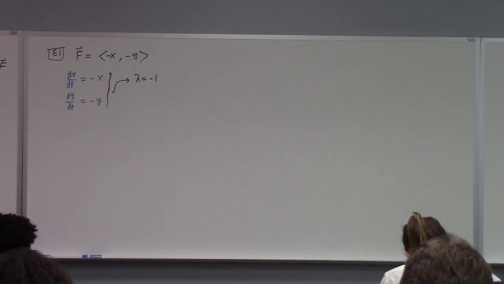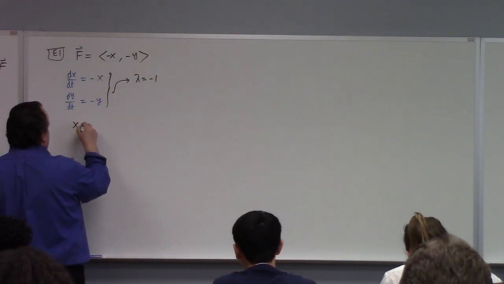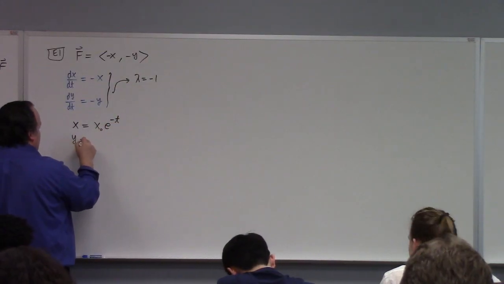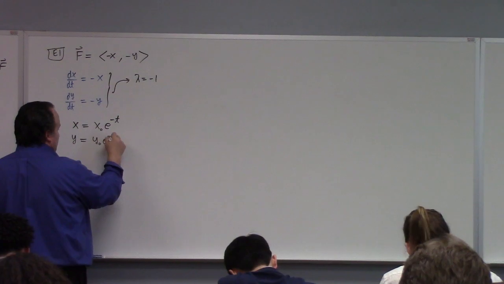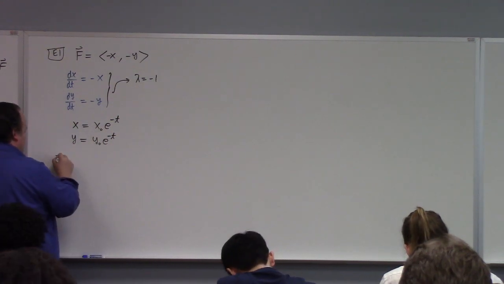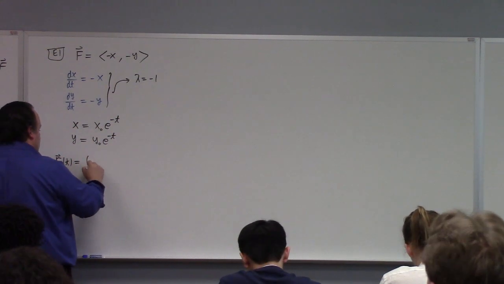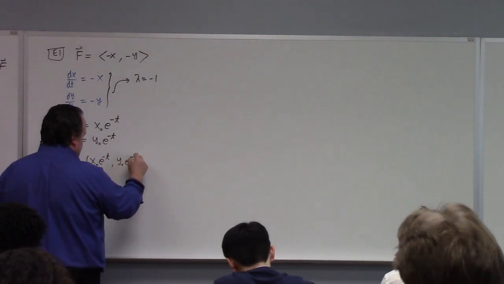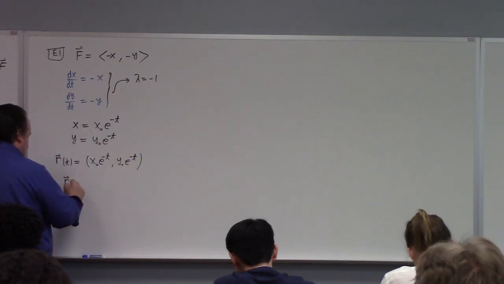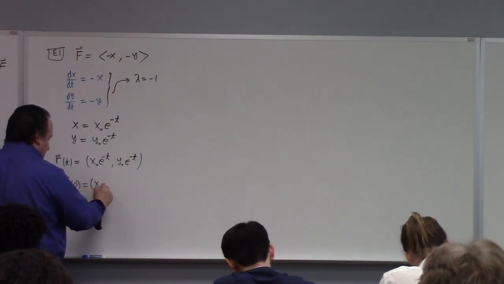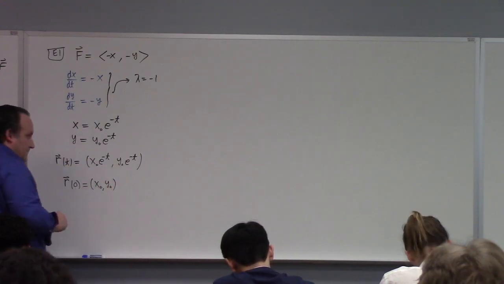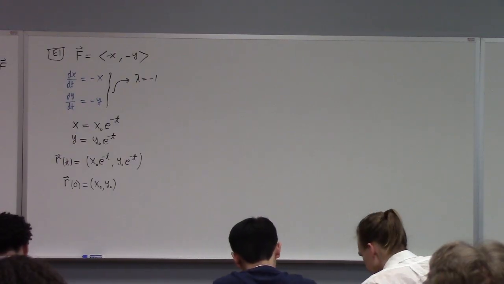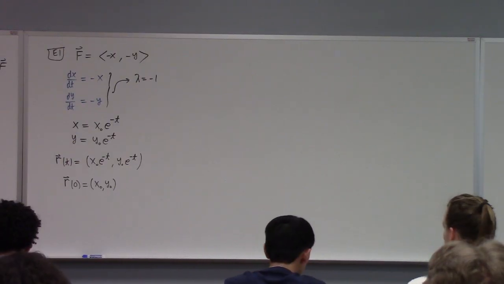So I can write down the solution immediately. x is equal to x naught e to the minus t. y is equal to y naught e to the minus t. And you can check, if I look at r of t equal to (x naught e to the minus t, y naught e to the minus t), this has r of 0 equals (x naught, y naught), right? And there you go. We found the flow of this vector field through the point (x naught, y naught), that being an arbitrary point, right?